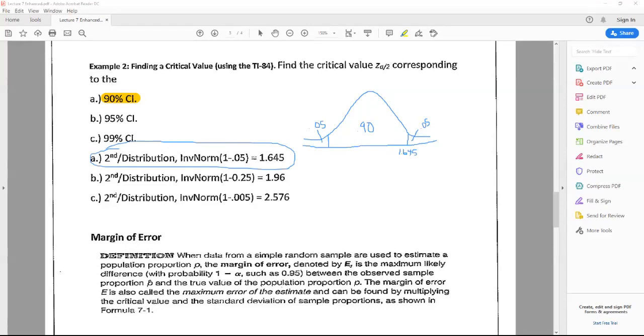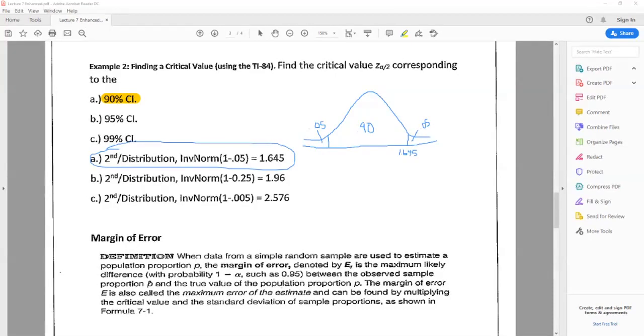That's equivalent. Now notice in the response here, instead of saying inverse norm of 0.95, I just said 1 minus 0.05. In other words, 1 minus the right tail would give me the area to the left. And you would do the same thing with parts B and C as well. Okay, let's clean this up so we can move forward.